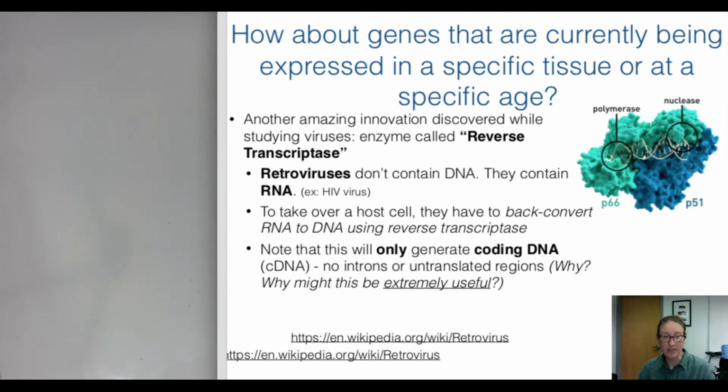So you're not going to get introns or other untranslated regions, because this is relying on the final processed messenger RNA product, not the original DNA sequence. And that can be incredibly useful because it tells you what actually gets expressed for a given gene, and you know you have an exact match with what's being expressed inside of a cell.